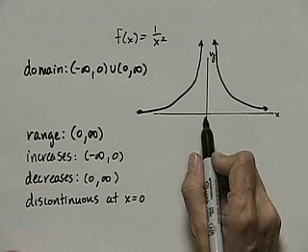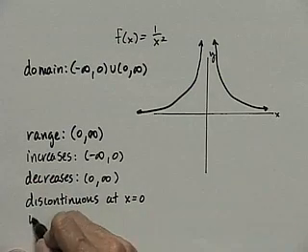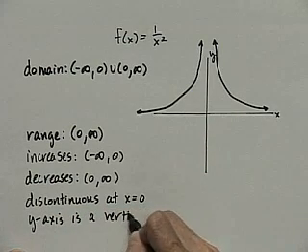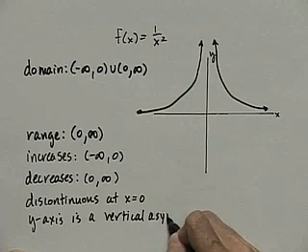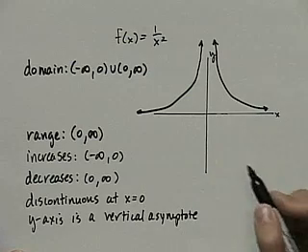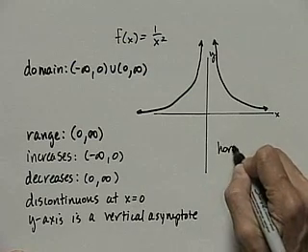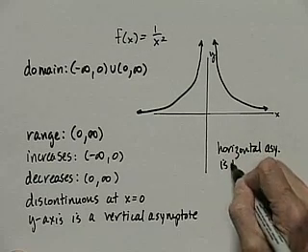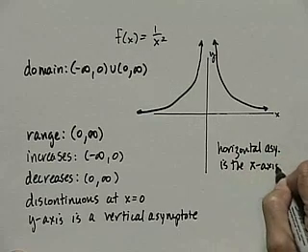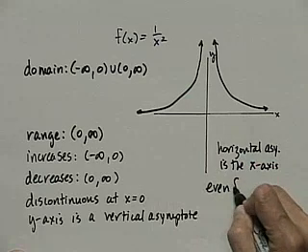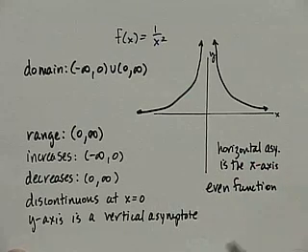As a matter of fact, there is a vertical asymptote at x equals 0, that is, the y-axis is a vertical asymptote for the function. The horizontal asymptote is the x-axis, and I should indicate that. Horizontal asymptote is the x-axis. And finally, I want to write down that this is an even function, in that it has y-axis symmetry.